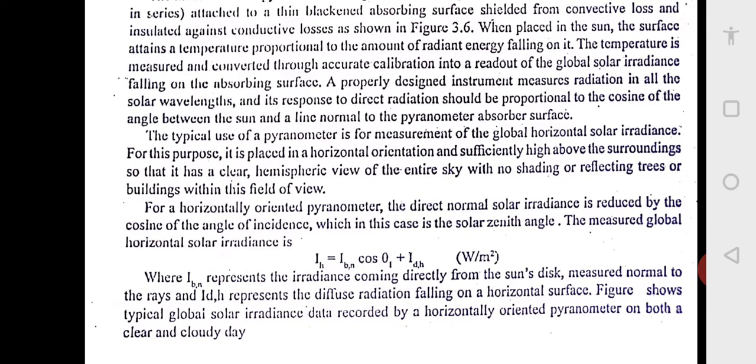The typical use of pyranometry is for measurement of global horizontal solar irradiance, meaning sunlight falling on a horizontal surface, as we have seen in the sketch.